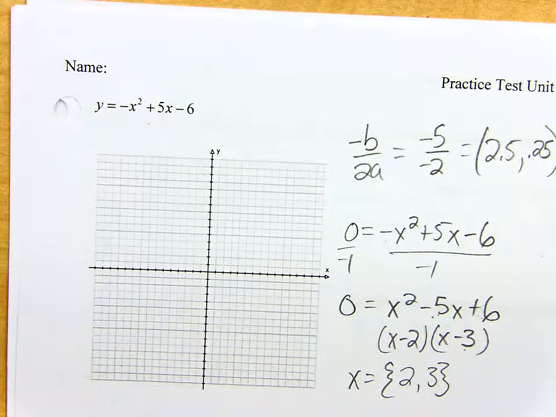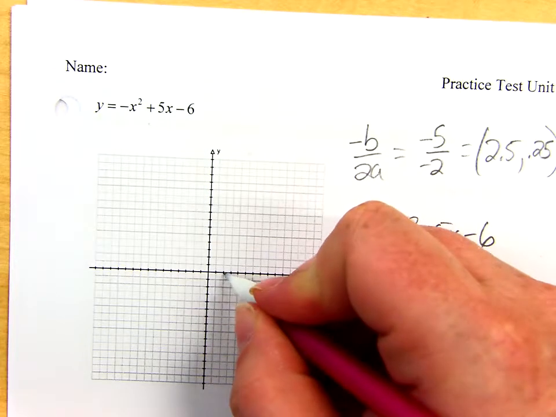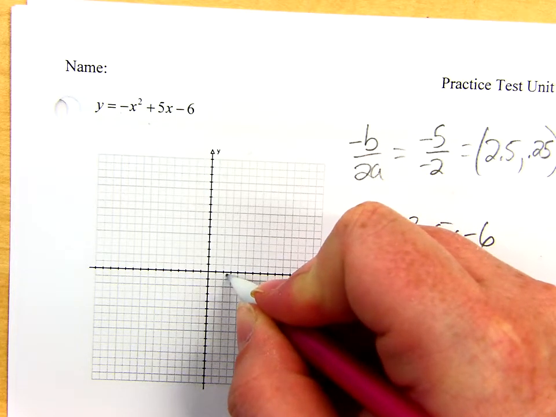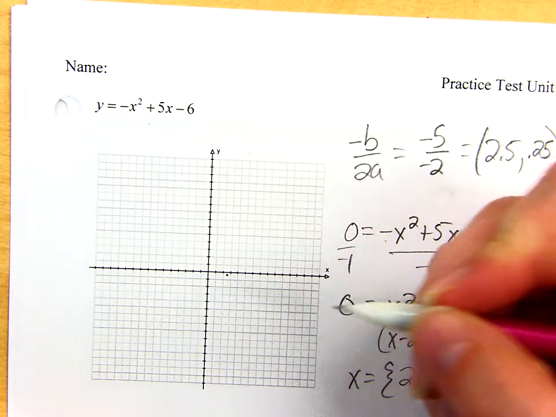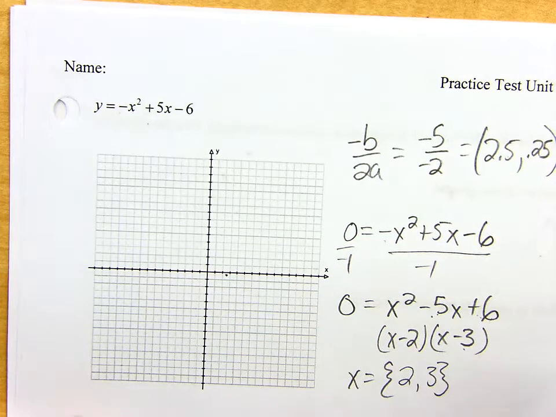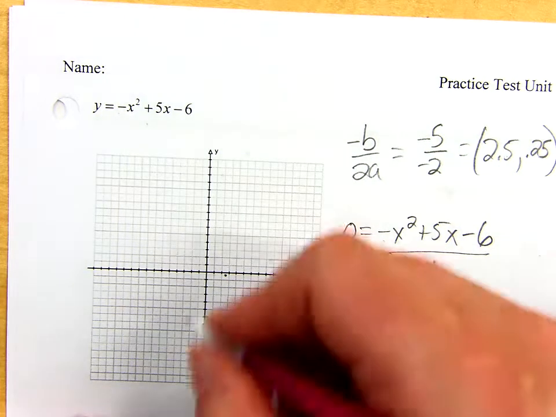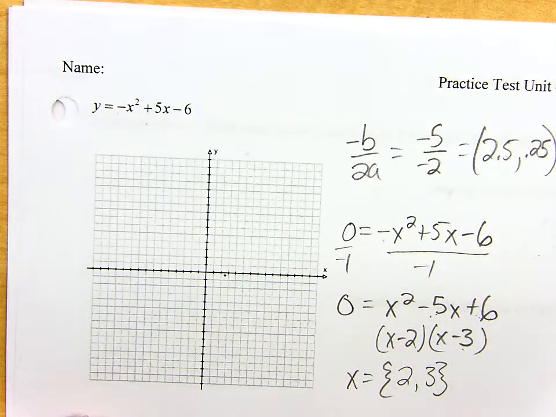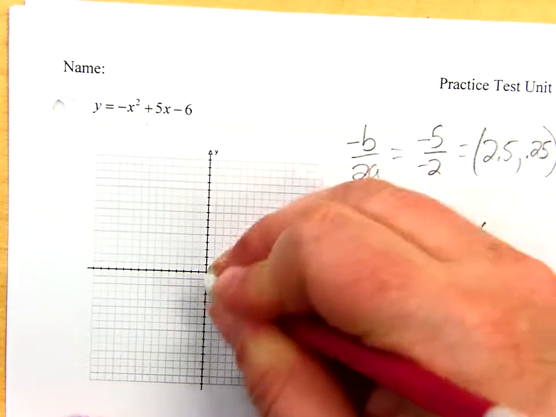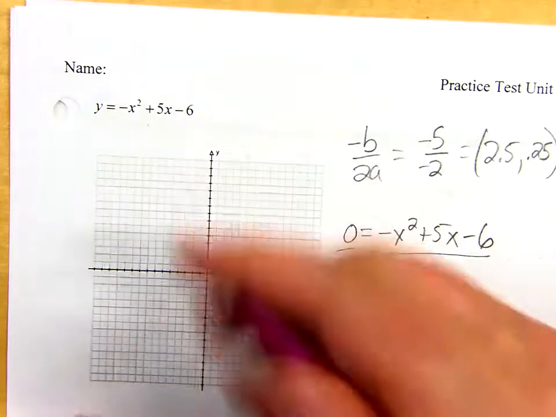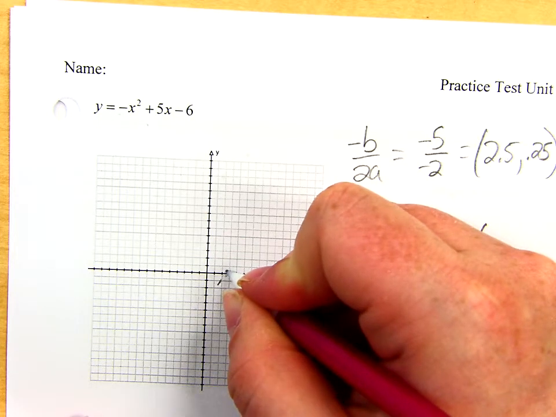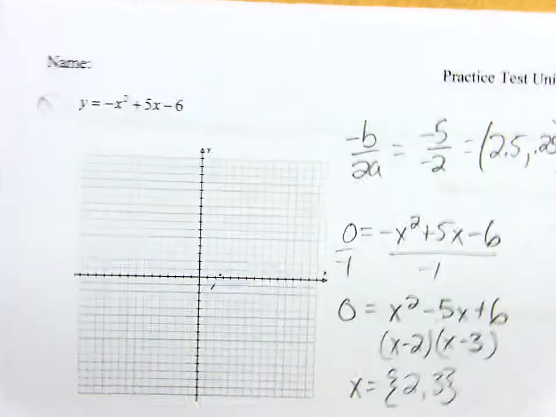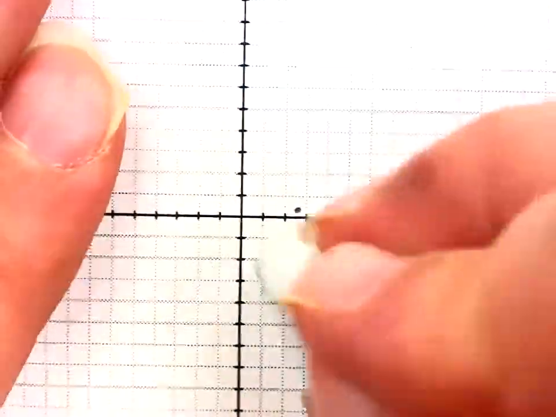Okay, now I have more than enough to make a graph. I would start with the vertex, so 2.5. You know it's crossing the x-axis.